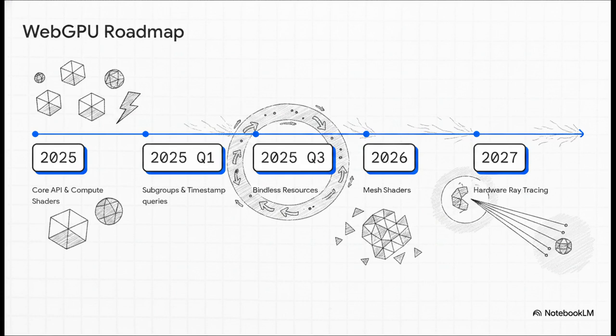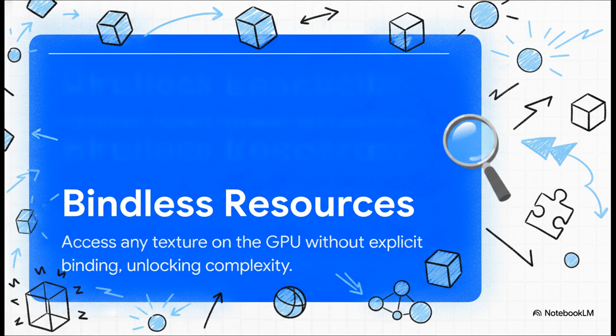Moving into late 2025 and 2026, we are looking at mesh shaders. Those are going to allow for incredibly efficient GPU-driven rendering pipelines and procedural geometry without constant CPU round trips. And by 2027, there are already early talks of hardware-accelerated ray tracing making its way into the spec. But the critical prerequisite for all these upcoming 2026 and 2027 features is something called bindless resources.